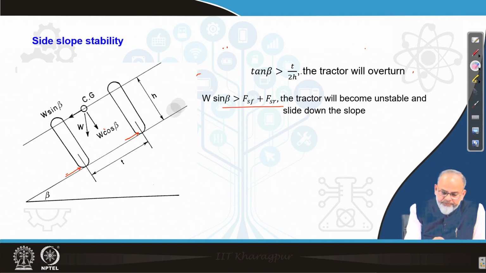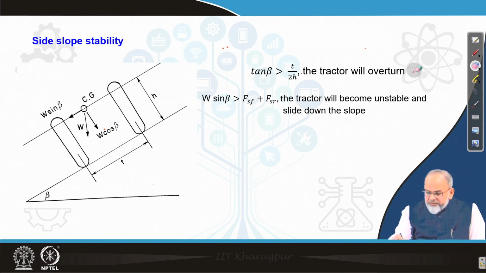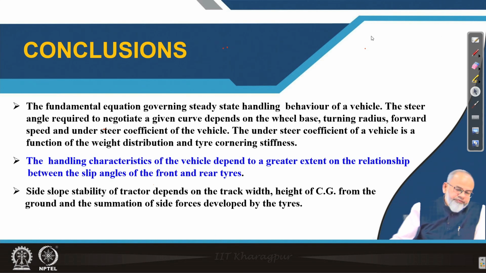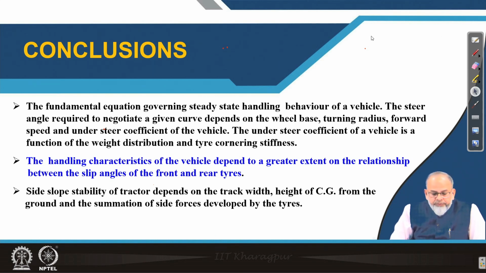So, now I will try to summarize what exactly we discussed in this class. We discussed the fundamental equation which governs the steady state handling behavior of the vehicle, where we found that the steer angle required to negotiate a given curve depends on wheelbase, turning radius, forward speed and understeer coefficient of the vehicle.